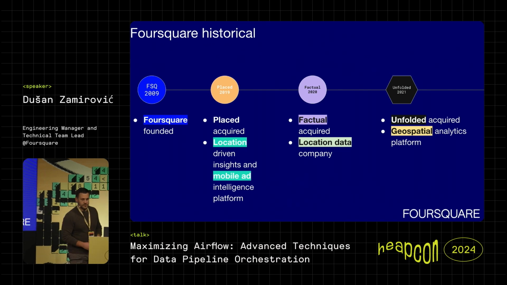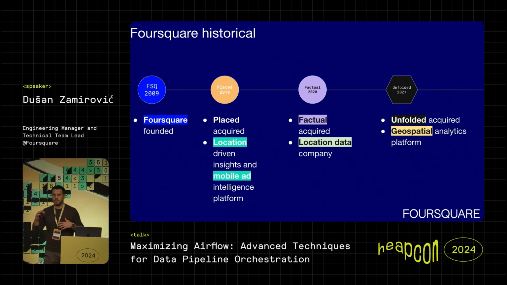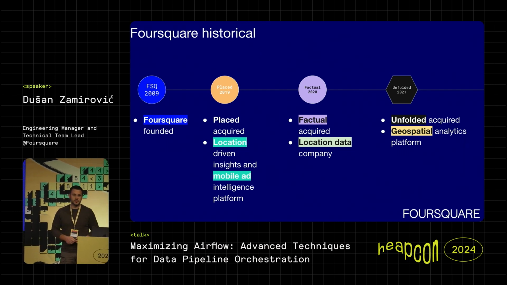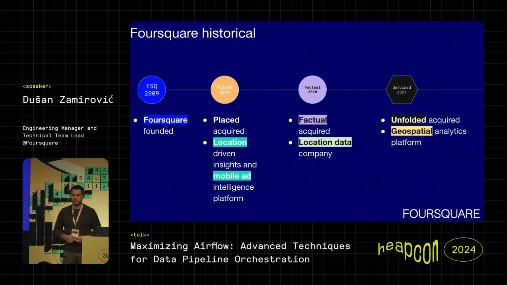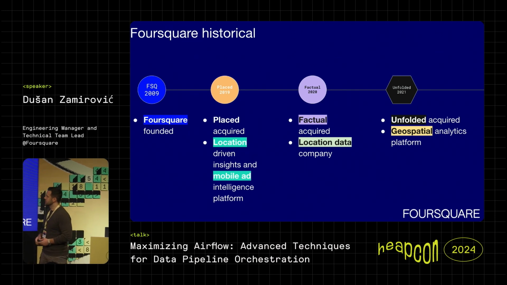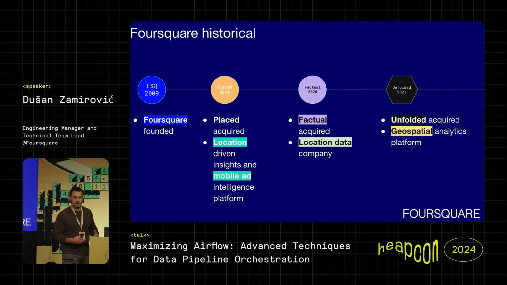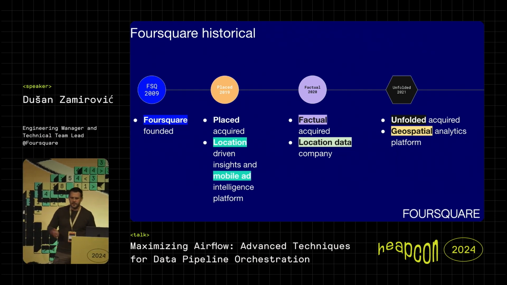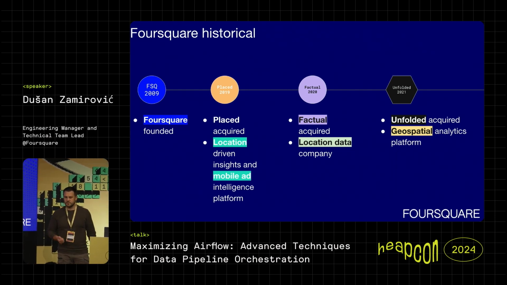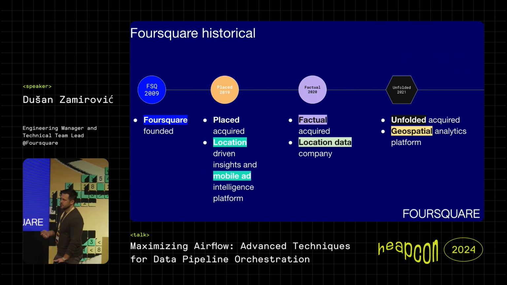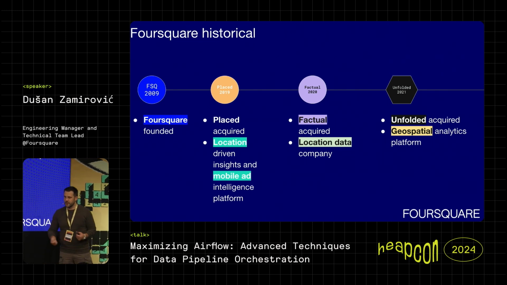A little bit of Foursquare history, just to set the stage about the tech stack and all the orchestration tools that we have. Foursquare was founded in 2009. Back then, it was just a mobile application in which you could check in at all the venues that you were visiting.